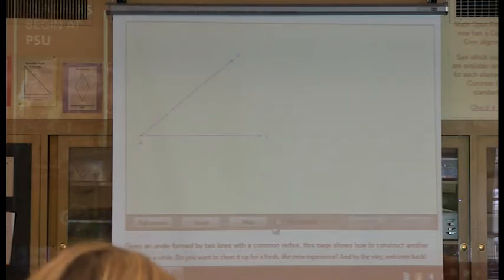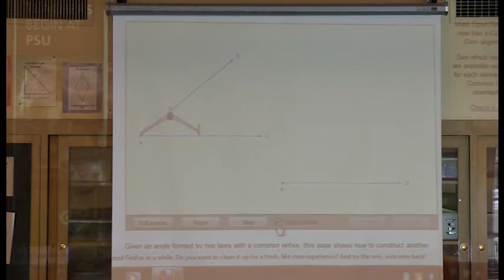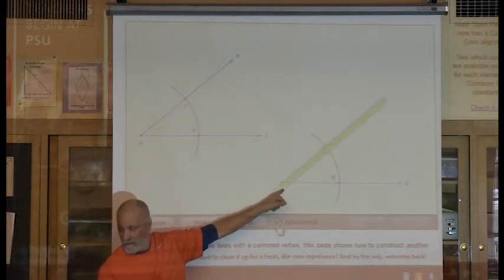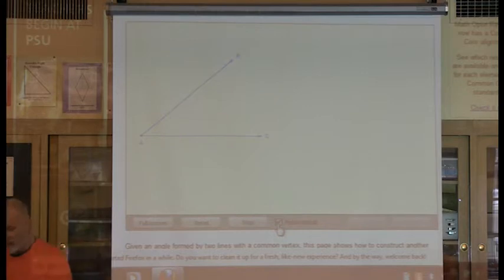Okay, so I'm going to run this on repeat so you can watch anything that you missed, and then I want you to copy that second angle that I have on the long white piece of paper the same way. So you have to take this now and measure the length between here and here. Now do the second one, TJ.